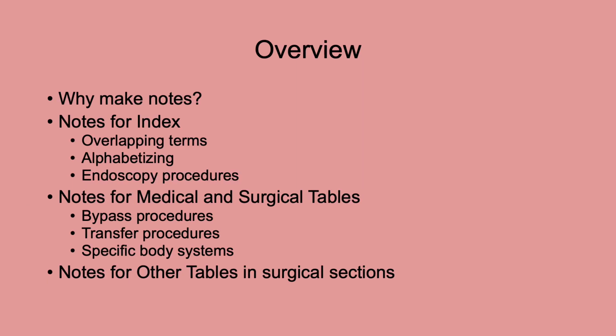So here's an overview of this presentation. First of all, why would you make notes in your book? Then we're going to go into specific notes from the index, discussing overlapping terms, alphabetizing confusion, and endoscopy procedures. Then notes for the medical and surgical tables, right on the table itself, bypass procedures, transfer procedures, and then other notes for specific body systems.